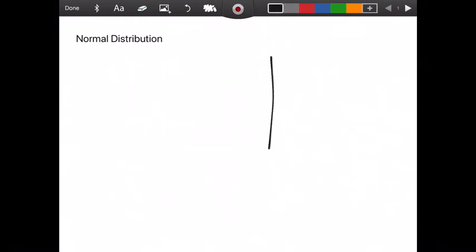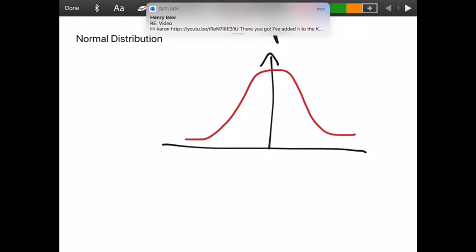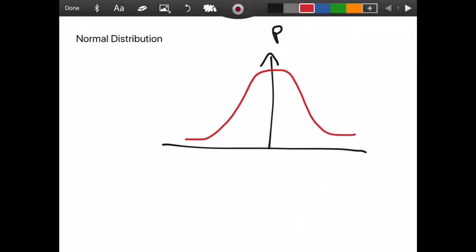So instead, you would see something more like this. So if this is my probability, then here we go. So this would be my mean in the middle. This, for instance, could be the heights of people.